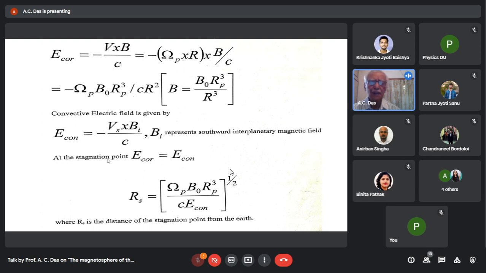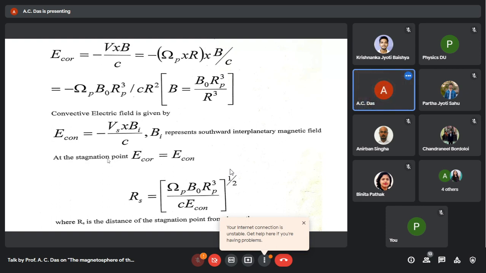And the convective electric field is given by the velocity, which is the solar wind velocity, and the magnetic field associated with the interplanetary magnetic field, assuming that is the kind of velocity entering inside the magnetosphere.